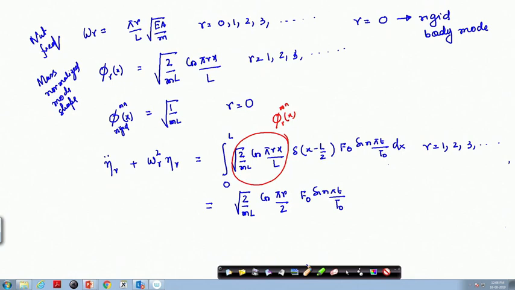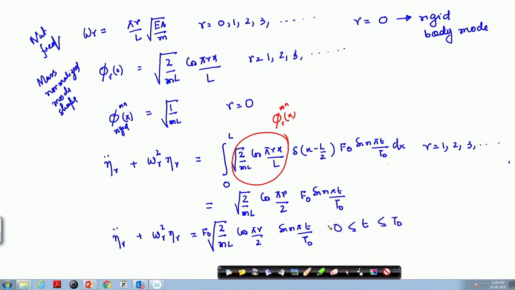Therefore, my equation has boiled down into a very simple equation: eta_r double dot plus omega_r squared eta_r is root over 2 by m l cos(pi r by 2) into f0 into sin(pi t by t0), and t is between 0 and t0.